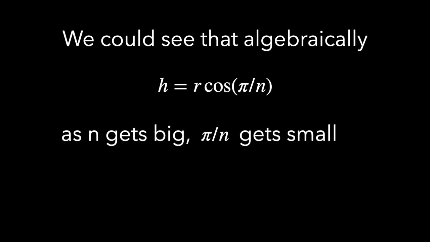And as you notice, as n gets bigger and bigger, what happens to h? h approaches the radius of the circle. Depending on what trig you remember, we could also see this algebraically. If h is r cos pi over n, as n gets really big, pi over n goes to 0. And the cosine of something going to 0 goes to 1. And so h gets very close to r.